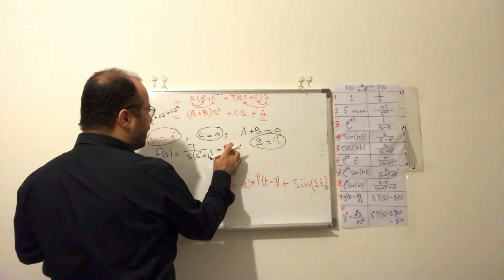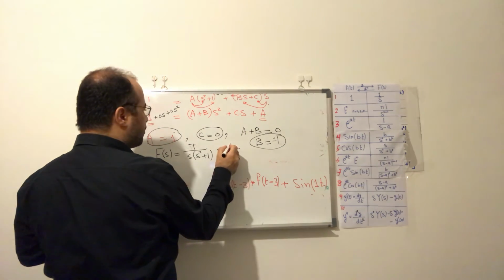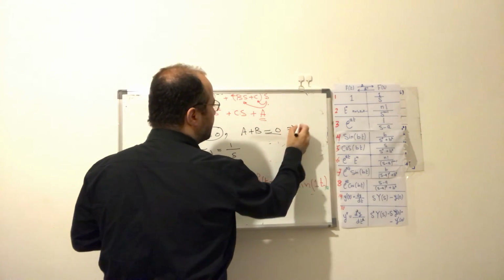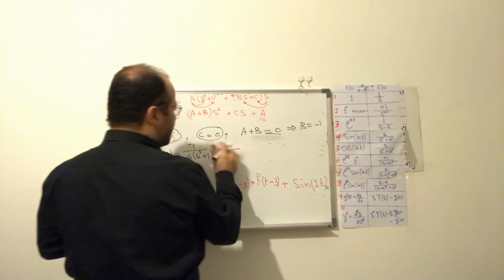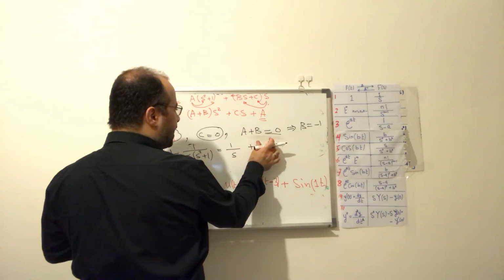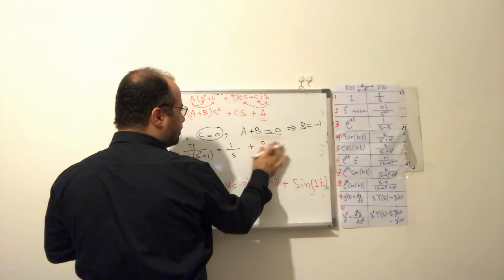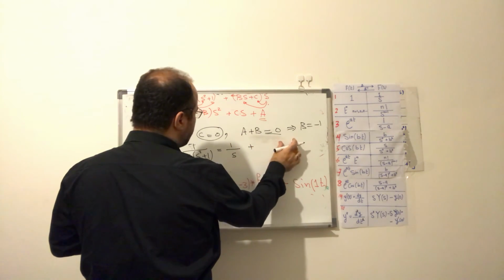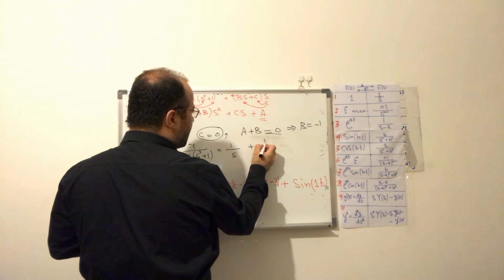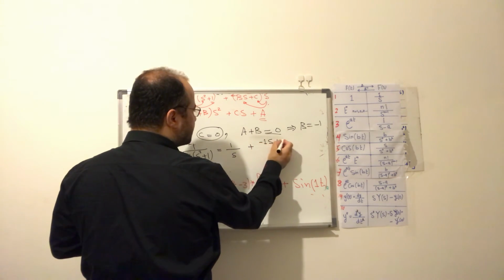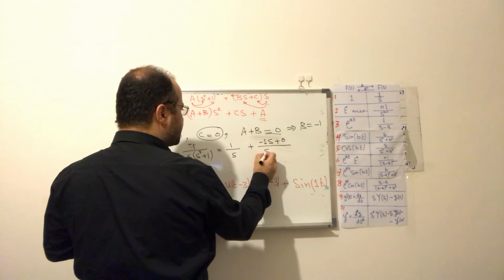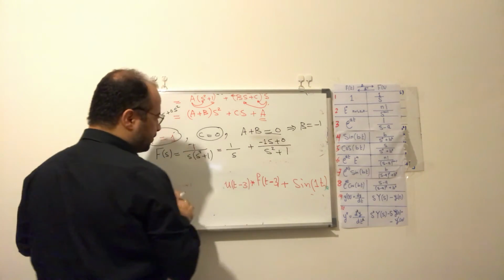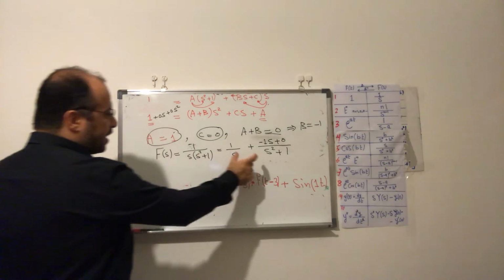It is now a over s, so 1 over s, and then b equals minus 1, c is 0, so you're going to have minus 1 times s plus 0 over s squared plus 1. So a, b, and c. Yeah? Now, can I get f small?